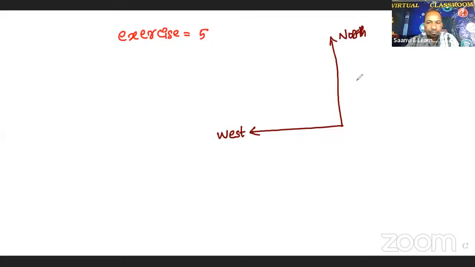Suppose speed of the second train, if we take x, then speed of the first train, what will it become? Speed of the first train, no madam, it is same again.